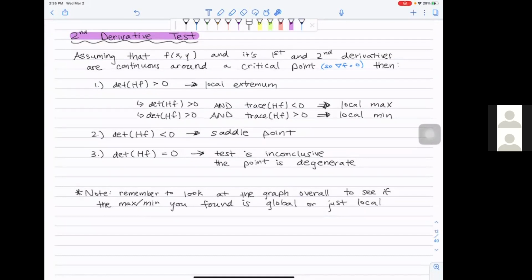This term, remember, this is partial with respect to y, partial with respect to x. So we do the partial with respect to x first, that's this thing, and take the partial with respect to y. That gives you 2x minus 3. Remember this term up here?